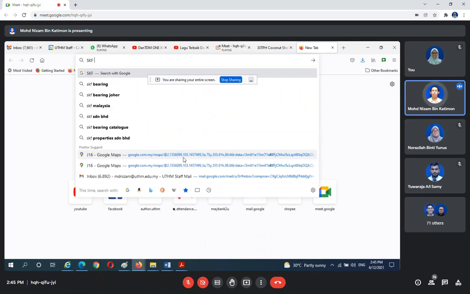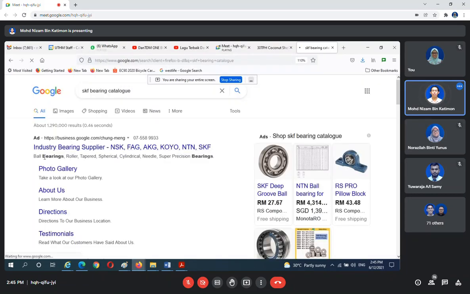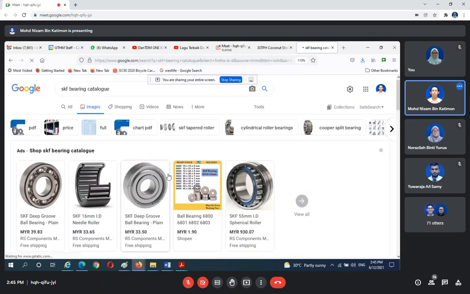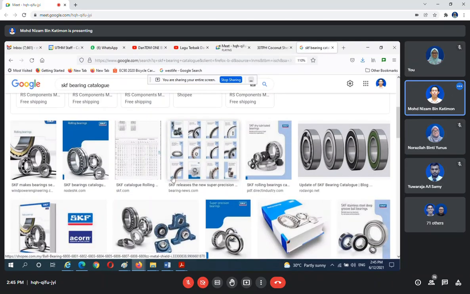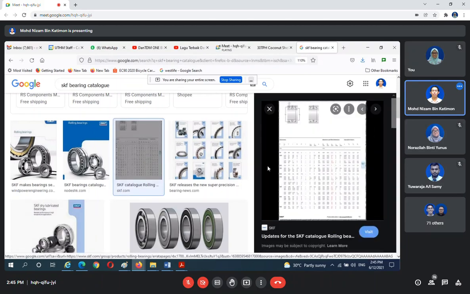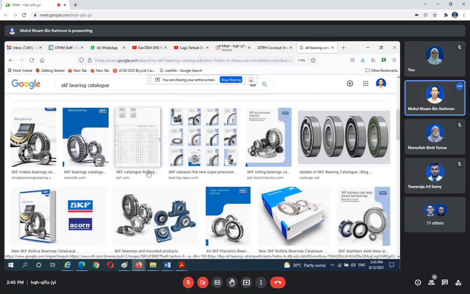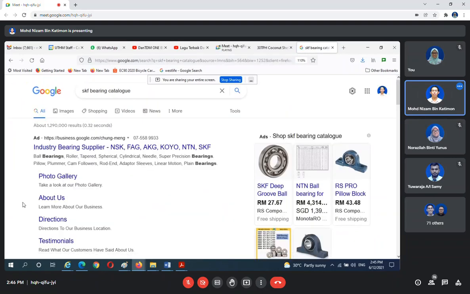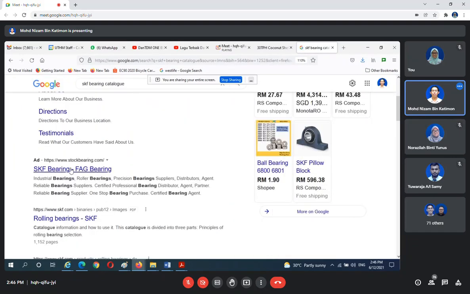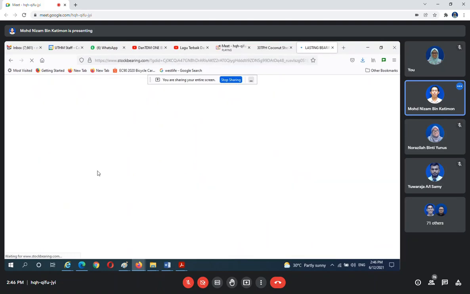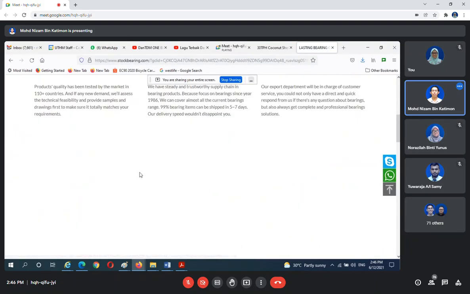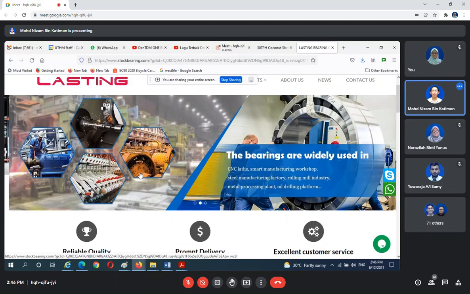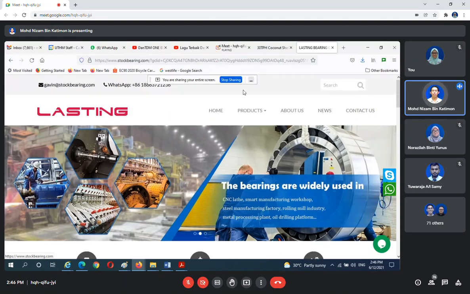SKF bearing catalog. Sorry, too small maybe. Never mind, later on I will show you.